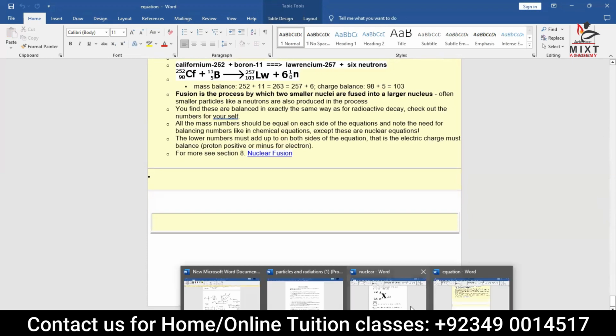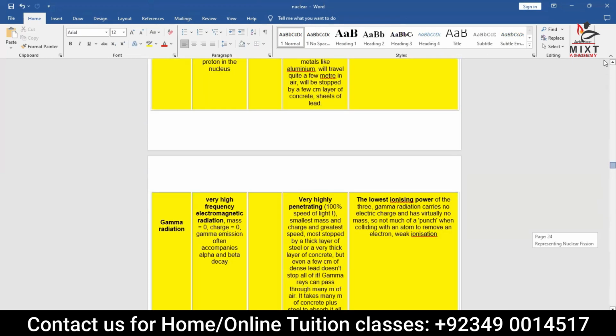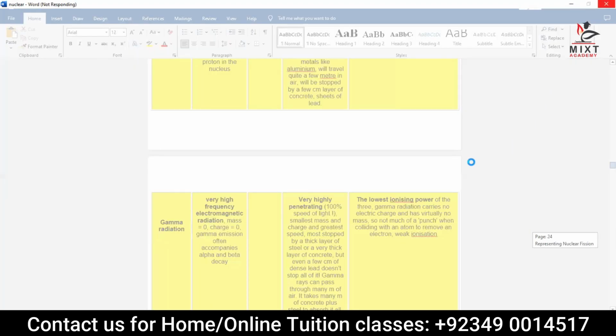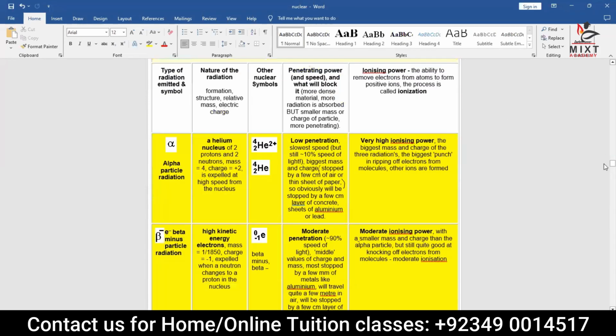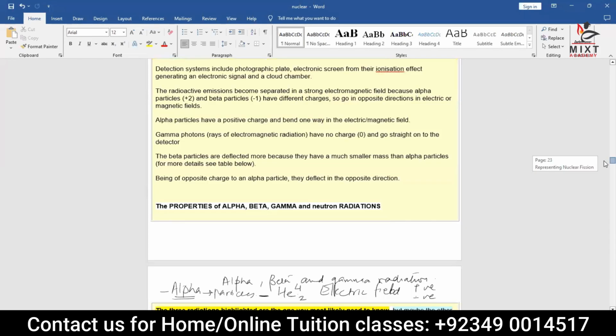First thing first, here come alpha, beta, gamma radiations, because these are the materials which come out while these elements change themselves into a more stable nucleus. So now put a heading: properties of alpha, beta, and gamma radiations.